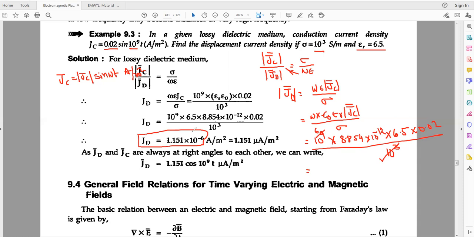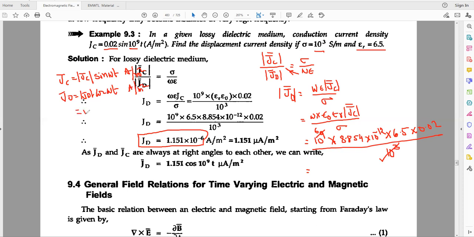And now these are only the magnitude, my students. We got the magnitude. Then JD bar is equal to, if it is in the sine function for conduction current density, now it is the cos function for displacement current density. Its magnitude is 1.15 into 10 power minus 6. Take the magnitude 1.15 and the same you can write as JD equal to the magnitude of JD cos omega t, ampere per meter square.